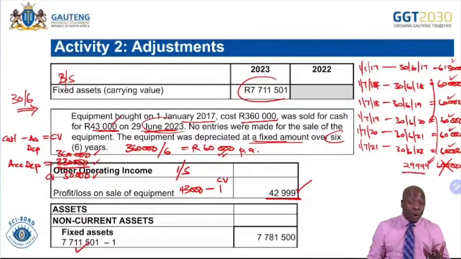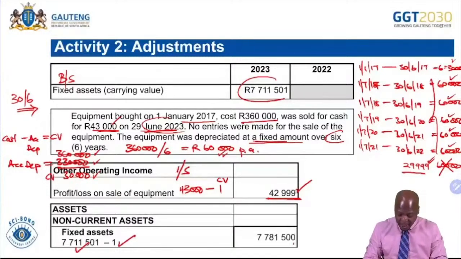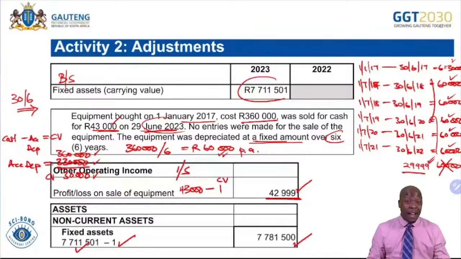But now because we have sold it, we have taken it out of our books, we come and we say minus, hence we end up with 7,781,500. All right, there's several ways in which one would have done this, but I decided to do it in this simple way. Okay, I'm going to move on to the next adjustment.